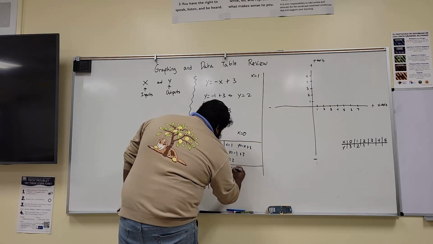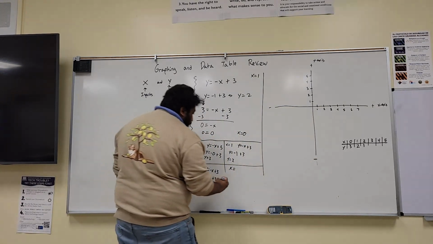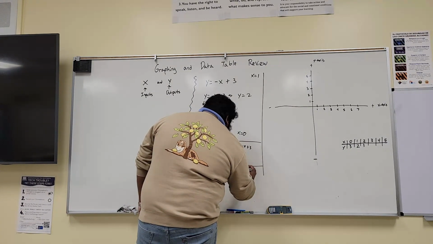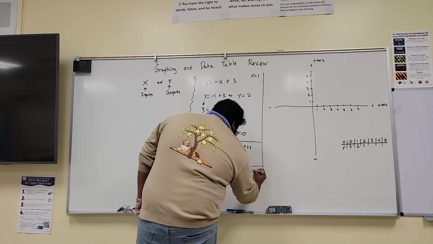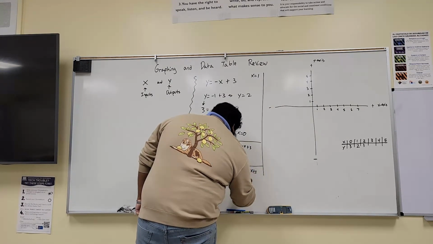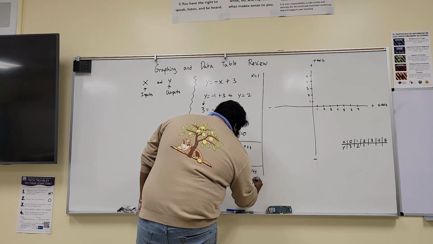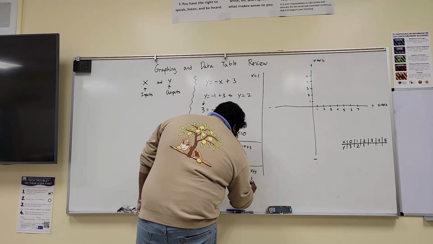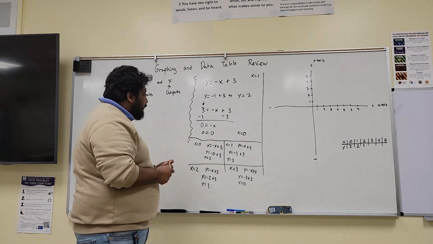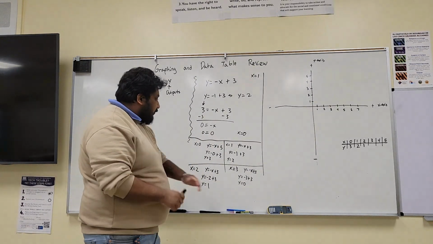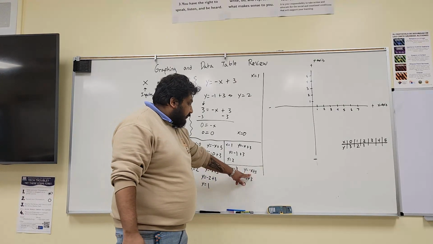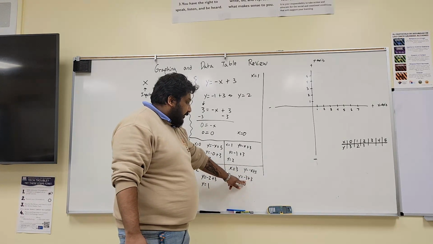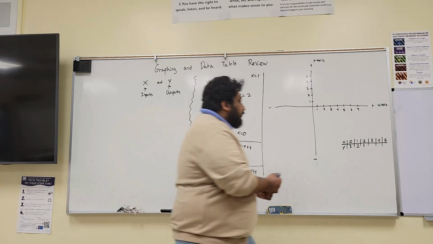And I'll do this last one and we can start plotting points. So x is equal to 3. We put 3 where x was. So y is equal to negative 3 plus 3. So y is equal to 0.